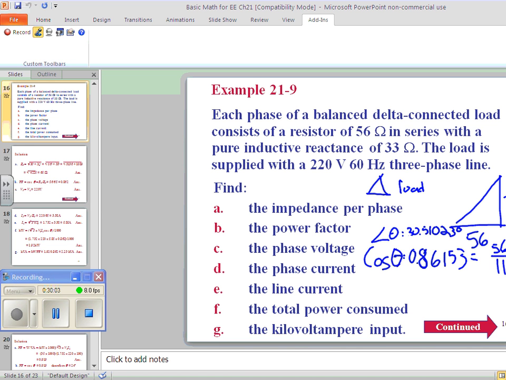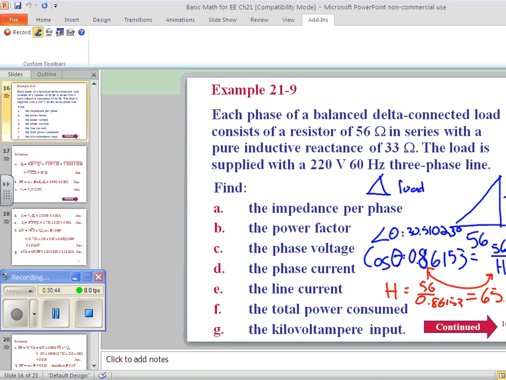We're going to exchange these two, and we're going to wind up with H equal to 56 divided by 0.86153, right? Now 0.86153 is in our calculator, right? Yep. So all we're going to do is put in 56 divided by second function answer. So we find that our H is 65 even.